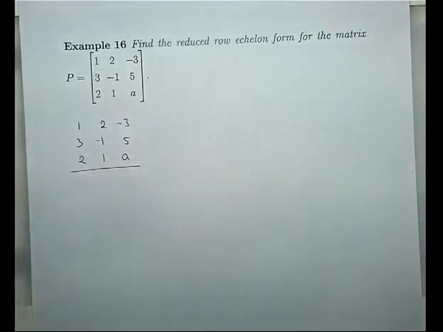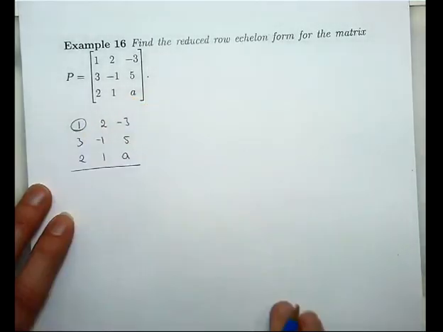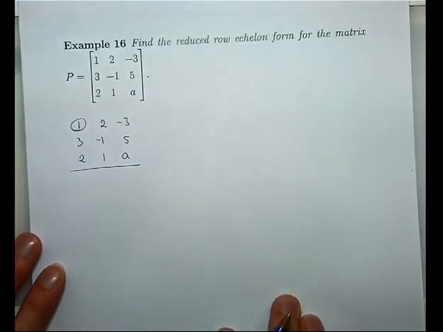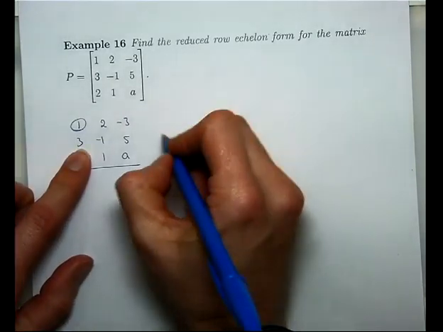Remember we're going to work left to right and top to bottom. I've been very kind to us again and I've put a 1 in this top corner, so we're going to pivot on that one. We want zeros below.